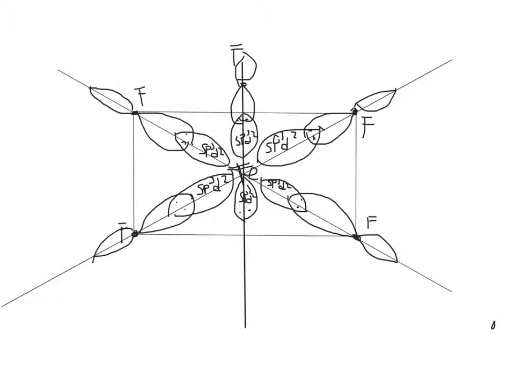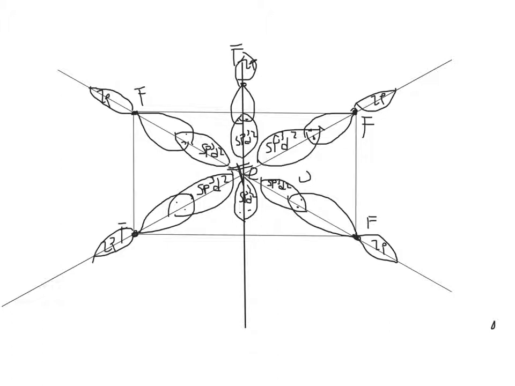Now notice that each fluoride has a 2p orbital, and this orbital is going to be the one that bonds with our sp3d2 orbital for our central atom beryllium. We're going to go ahead and mark all those 2p orbitals for the fluoride atoms, and we're going to go ahead and mark every bond in this molecule.